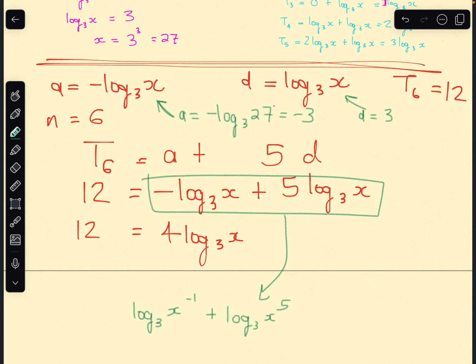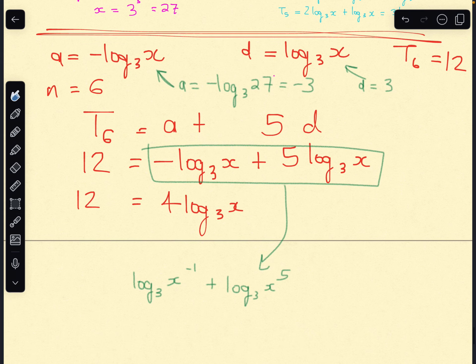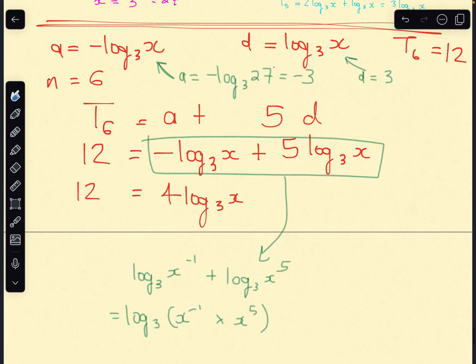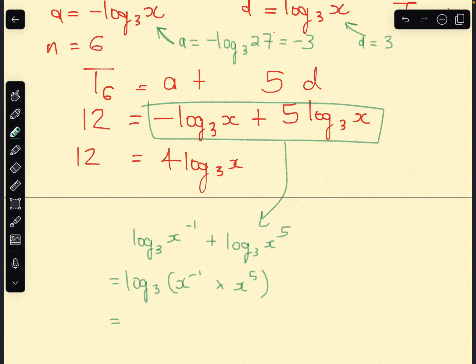And when you add logs that have the same base, you can just multiply. So log base 3 of x to the minus 1 times x to the 5 is just the same as x to the 4. That bracket is wholly unnecessary.